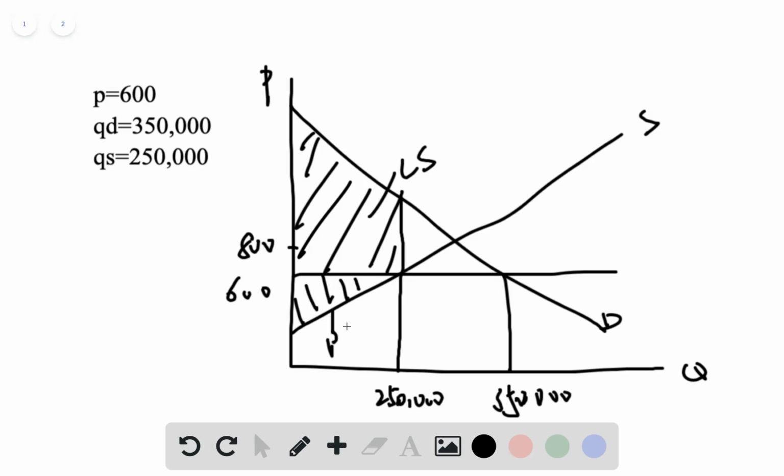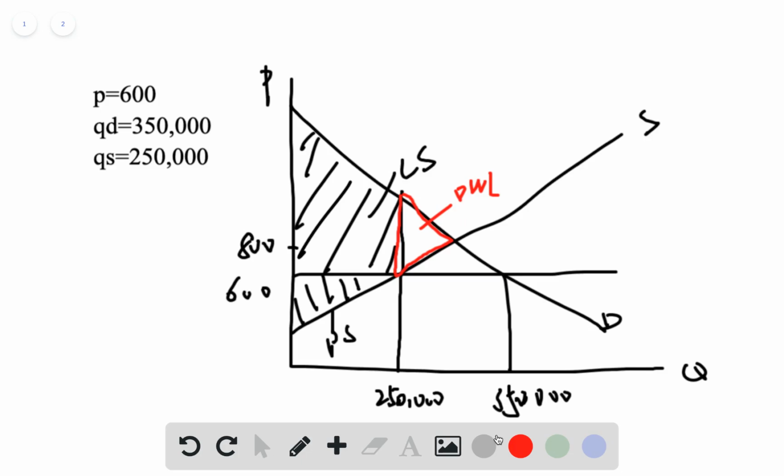This is the producer surplus, and also the deadweight loss. So the deadweight loss is this small triangle here. We say that this DWL stands for deadweight loss. That means if the market can achieve equilibrium itself, the economic surplus will be this large triangle. But because the government applies a price ceiling, there is some deadweight loss. Okay, so this is the deadweight loss.